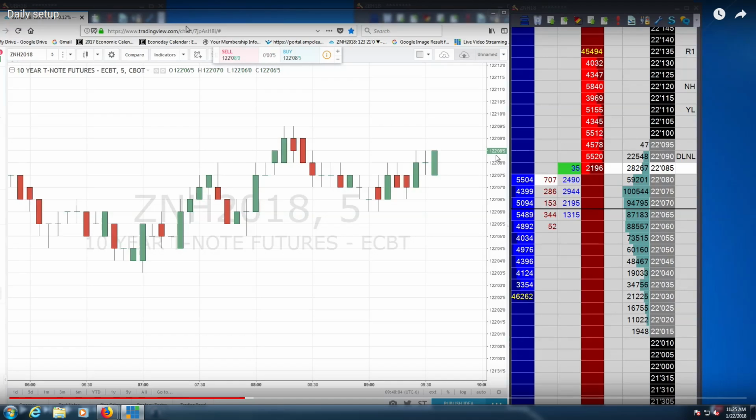Everything is paused, and the current price is 22085, which I cut my ones off, 085. When these candles move up and down, you'll see this move from 080 to 090, and you can see that on the DOM. So that's how you can relate the DOM to the chart.